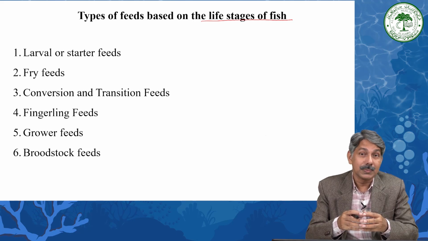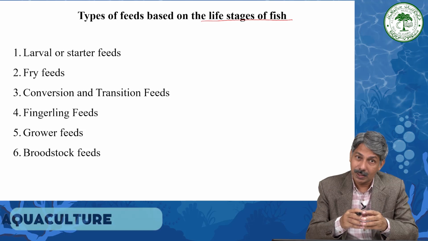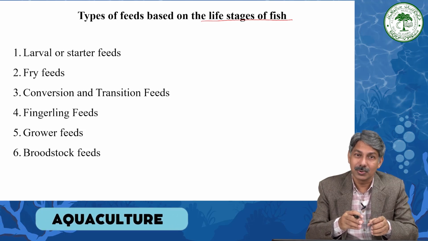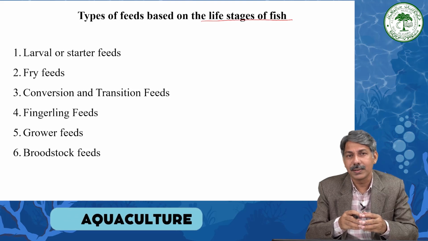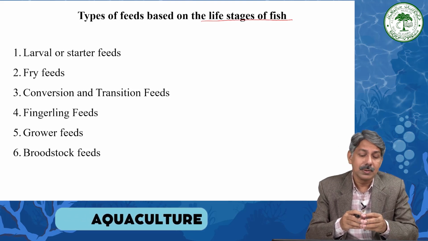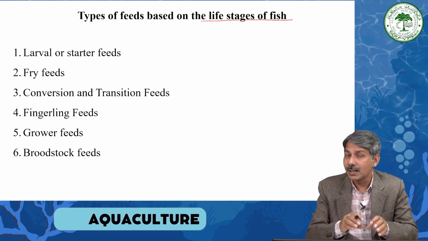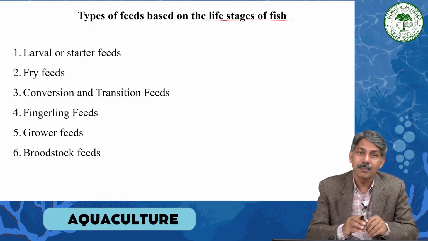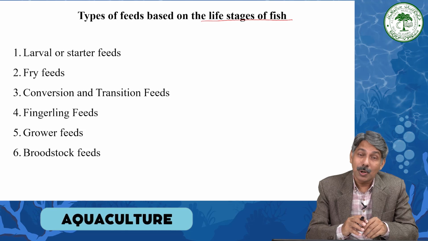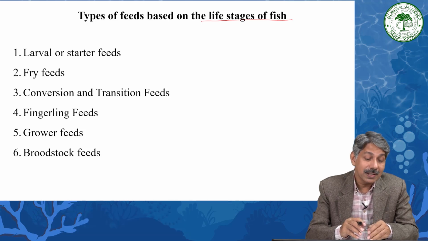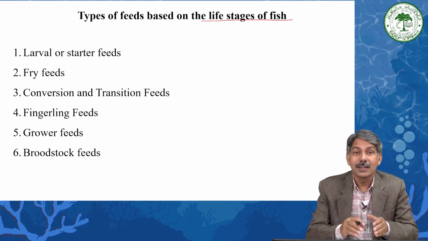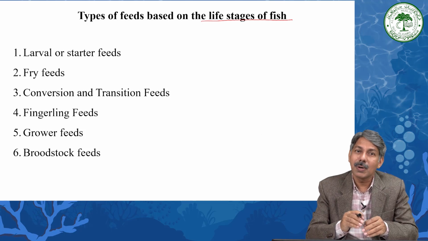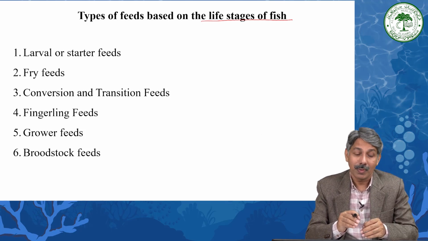While preparing the ball, they add binders also, certain kinds of flour or other things which bind, so that it is stable in its form in the water for some time. But the problem is that larvae need food very near to them and very frequently, and their mouth size is very small.